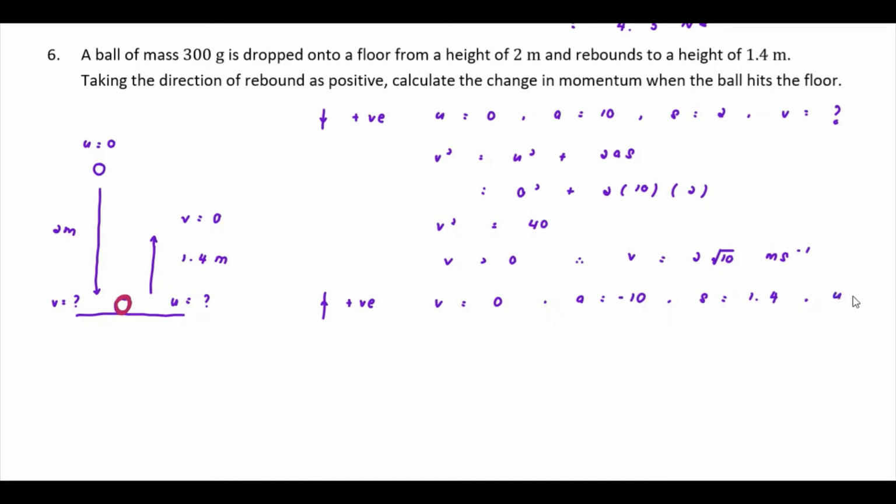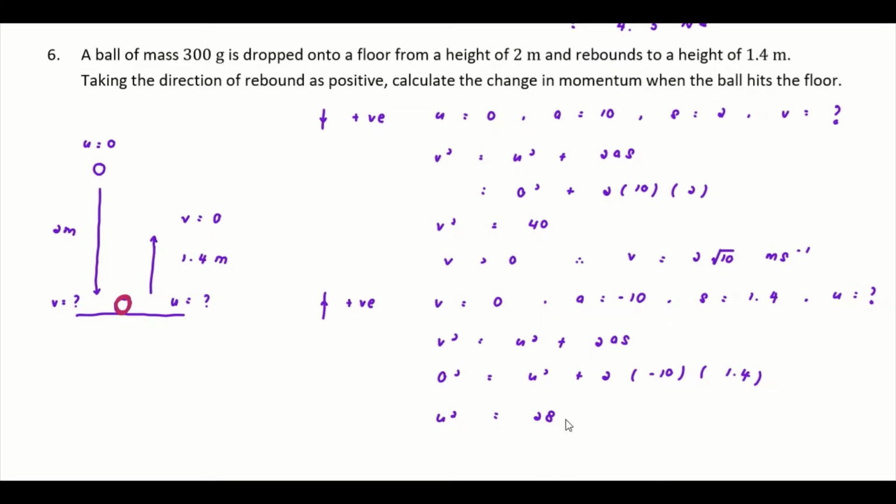Then we are going to get the initial velocity, which means the initial velocity when the ball starts to rebound, because we want to find the change of momentum here. Same thing, v squared equals u squared plus 2as. So 0 squared equals u squared plus 2 times negative 10 times 1.4. From here we get u squared equals 28.